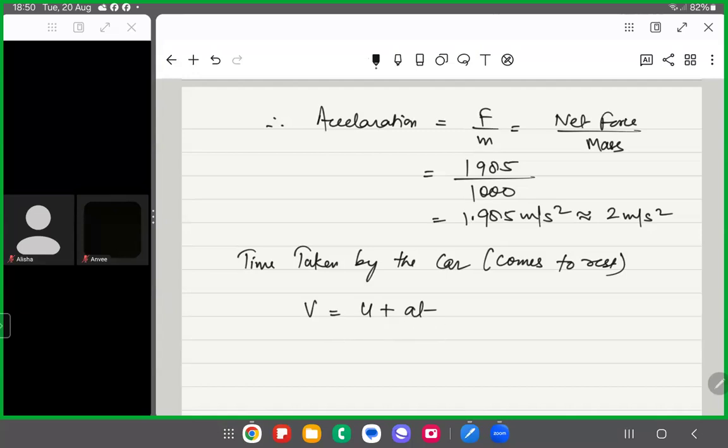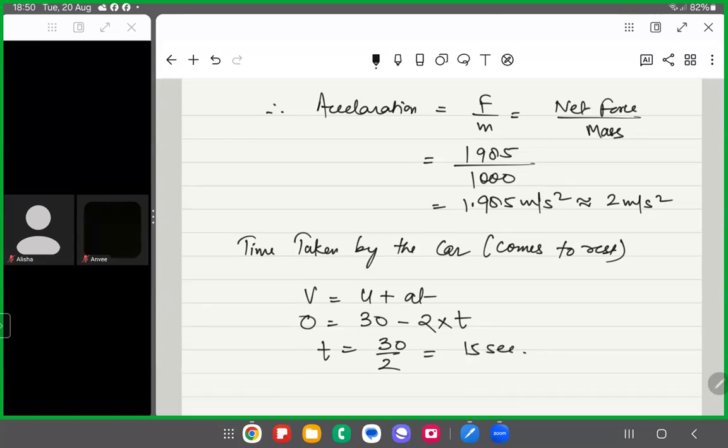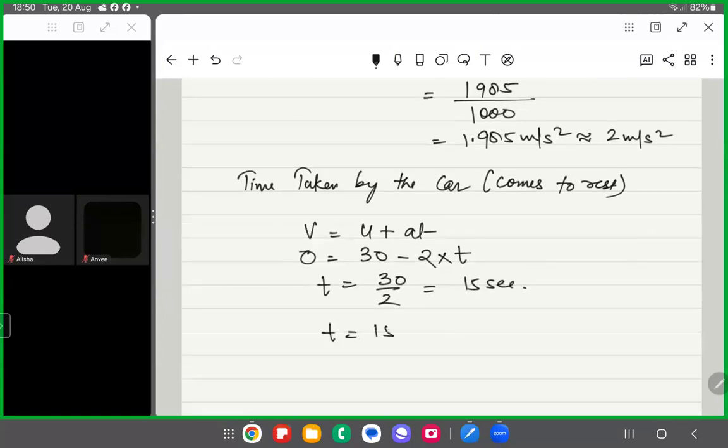So write down u is 30. Initial velocity will now be 30. Final velocity will be 0 because it comes to rest. Minus 2, it is decreasing, right? It is retarding with 2 meter per second square into t. Is that clear? So now t will be equal to 30 by 2, that is 15 seconds. So how much time will it take to stop the car? That is 15 seconds. So are you getting this?